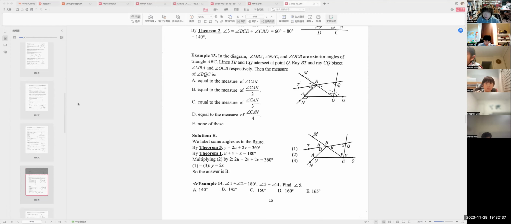This problem is a bit troublesome, so everybody look carefully. In the diagram, angle MBA, NAC, and OCB are exterior angles of triangle ABC.